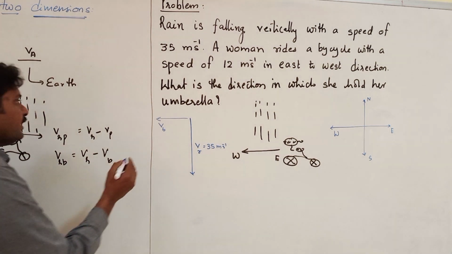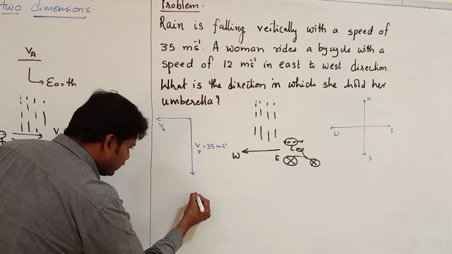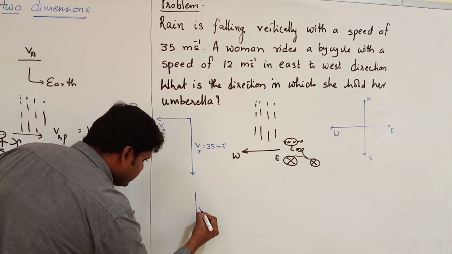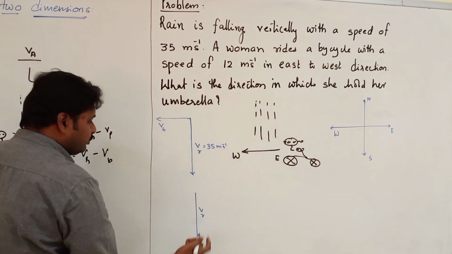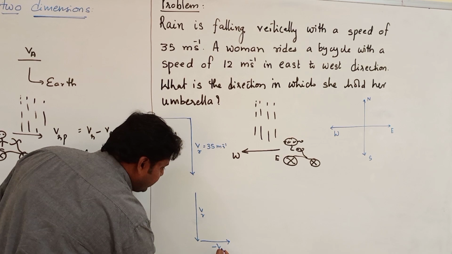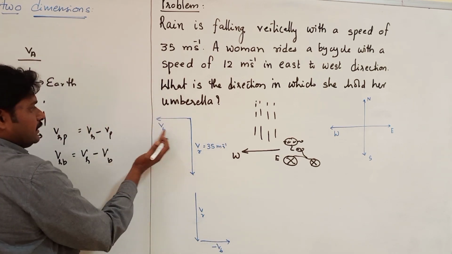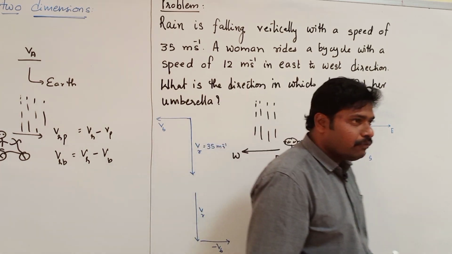This is a vector diagram. If you understand this, this is called VR, and I am changing the direction opposite to that. Will you agree? Shall I write it as minus VB? Left side VB, right side you can make it minus VB.